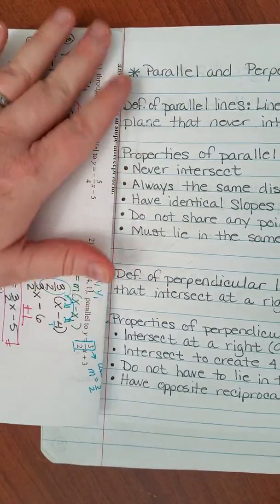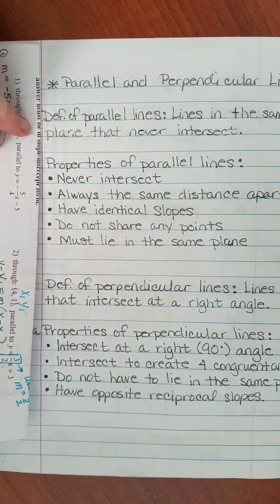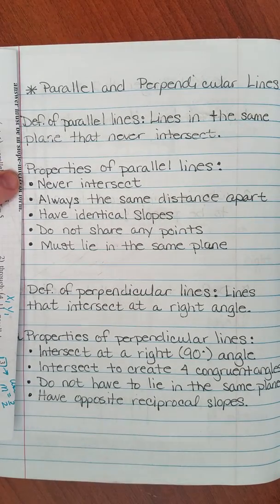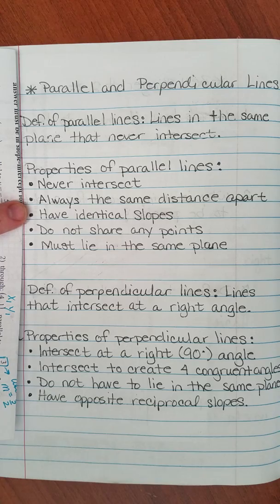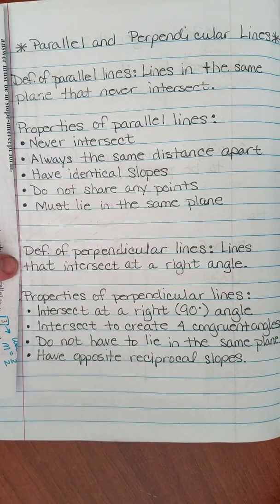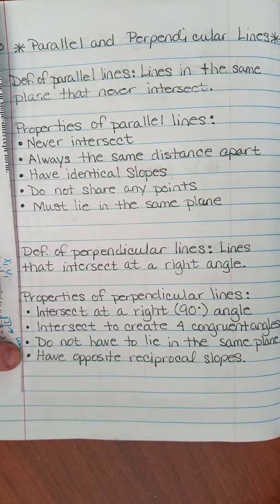These should be in your journals already. By definition, again, parallel lines have to lie in the same plane, and they never intersect. They have the same slope or identical slopes. And then perpendicular lines, again, intersect at a right angle or 90-degree angle, and they have opposite reciprocal slopes.